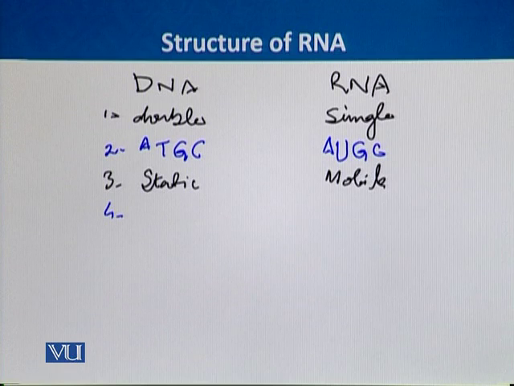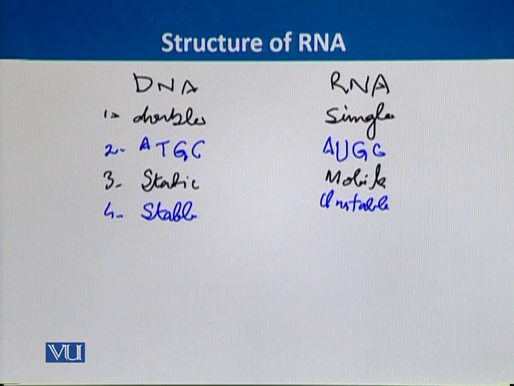The fourth difference is that DNA is a very stable molecule. On the other hand, RNA is very unstable. So it is very difficult to isolate RNA in an intact form, and we can use some special techniques to make RNA stable. Otherwise, it is not stable naturally.